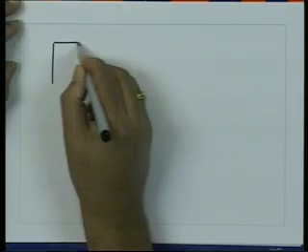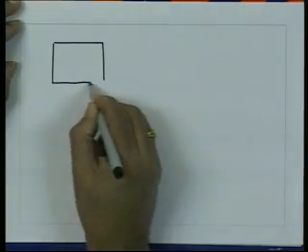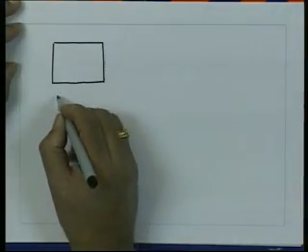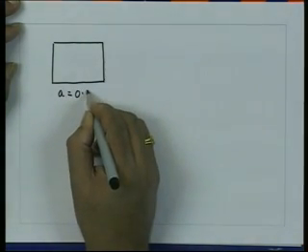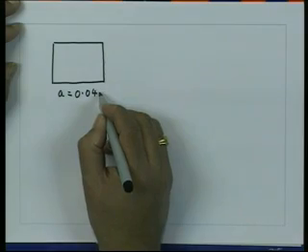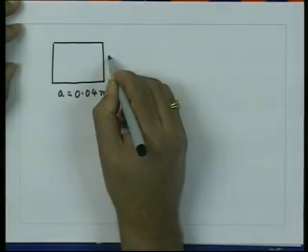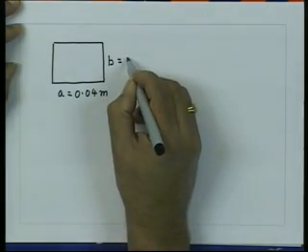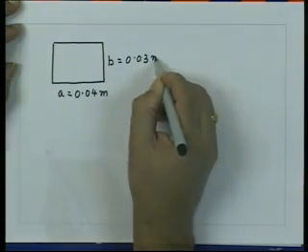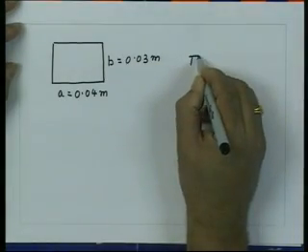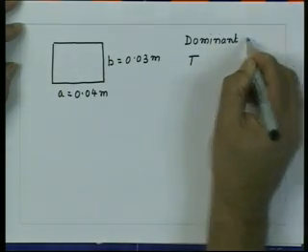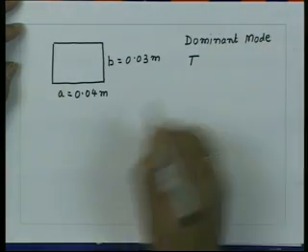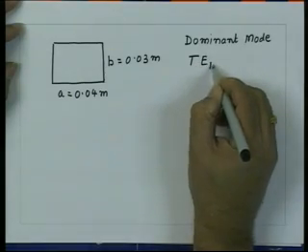So, in this problem the waveguide is a rectangular waveguide. So, a in this case is 4 centimeter. Writing in meters, this is 0.04 meters, and b for this is 0.03 meters, and the mode, which is the dominant mode for the waveguide, is the TE10 mode.